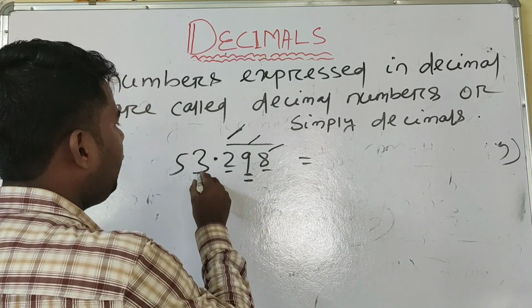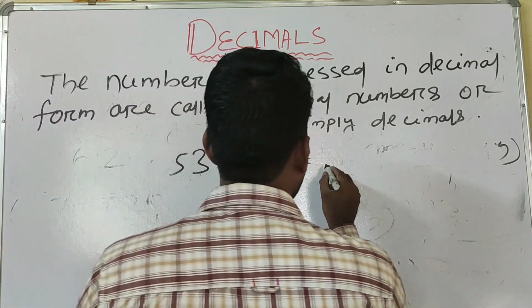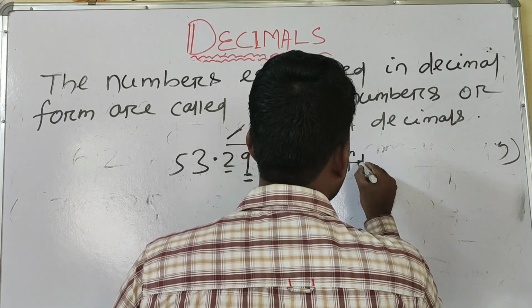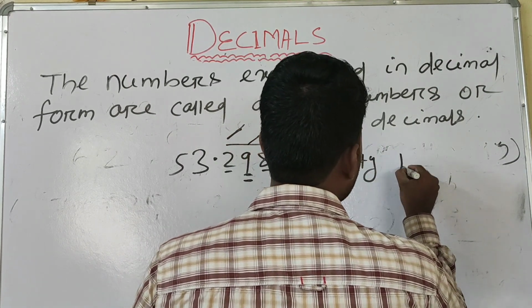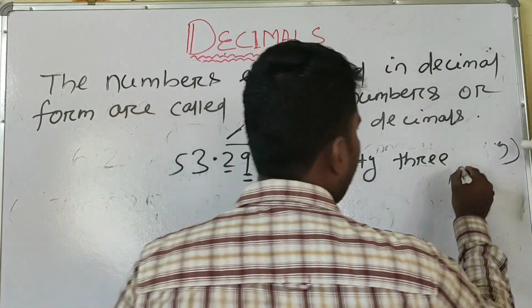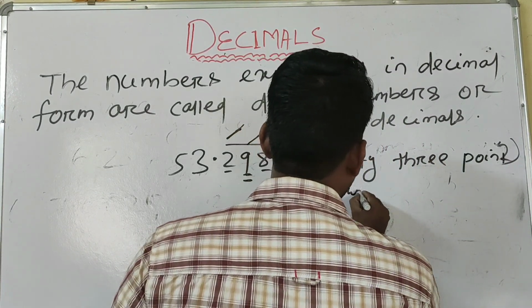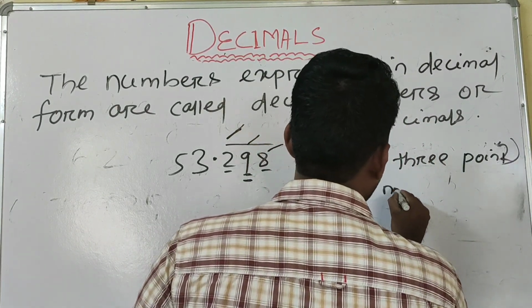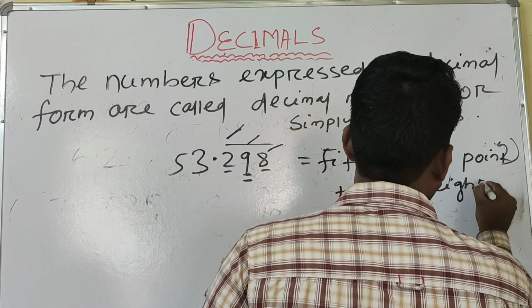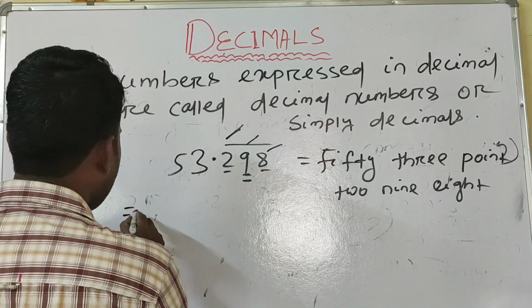First we will write the whole part, 53. Then we will write the point, and then 2, 9 and 8.